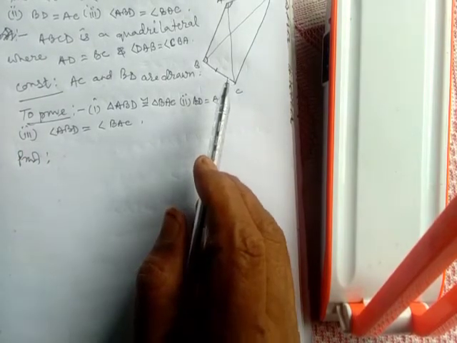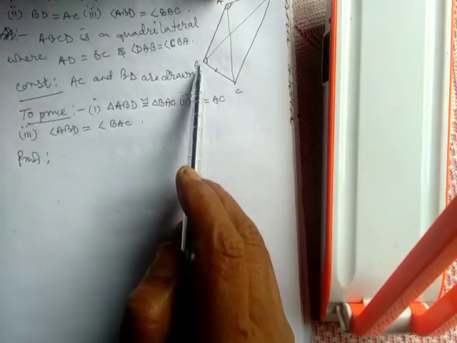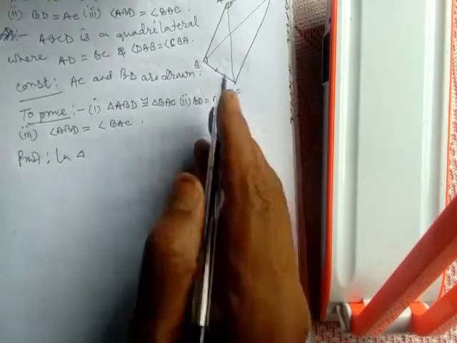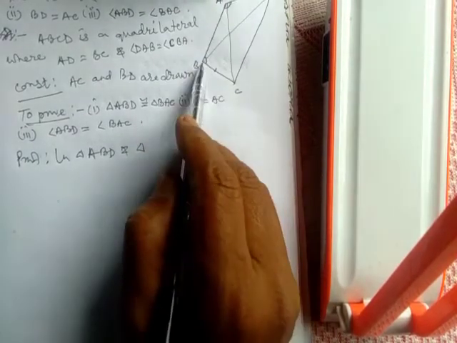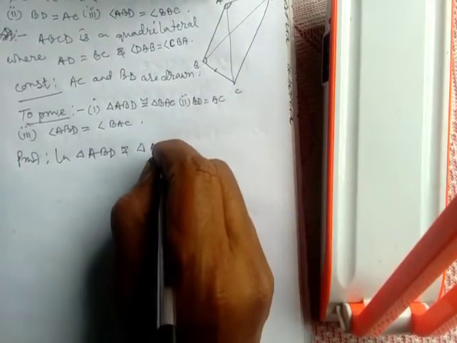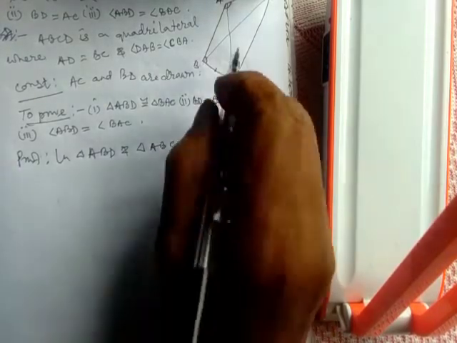I'll take triangle ABD and triangle BAC. In triangle ABD and triangle ABC, what are you getting in these two triangles?